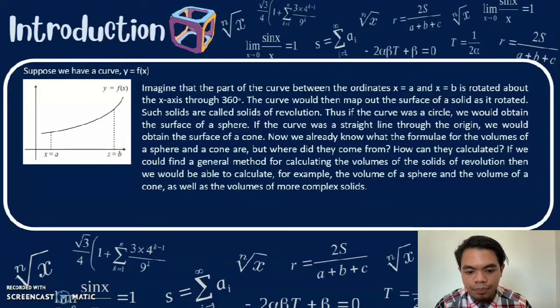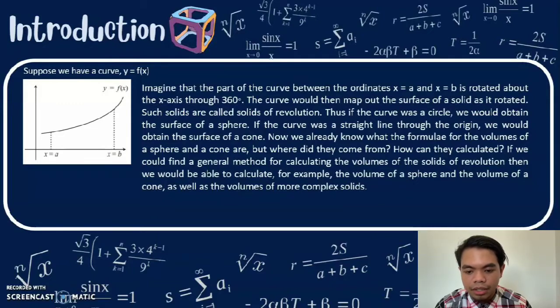Such a solid is called a solid of revolution. If the curve was a circle, we will obtain the surface of a sphere. If the curve was a straight line through the origin, we will obtain the surface of a cone.